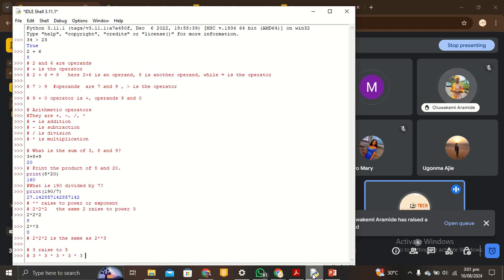Aliza, do you agree to this? Yes, ma. Richard, do you agree? Yes, ma. And Nifemi, do you agree? Yes, ma. Okay. So 3 times 3 times 3 times 3 times 3 is the same as saying 3 raised to power 5.